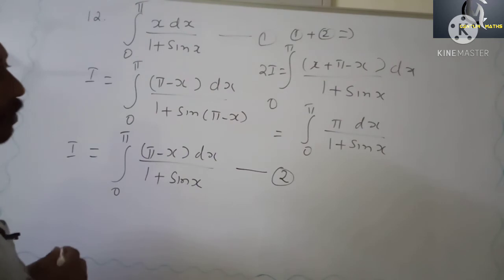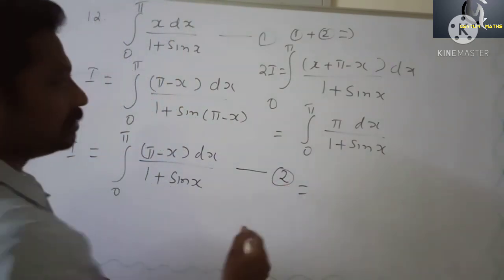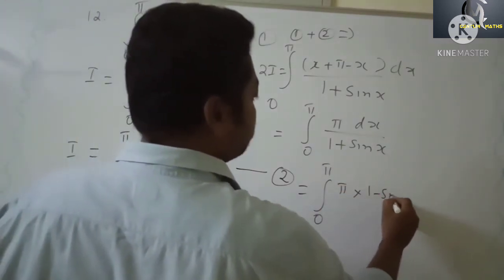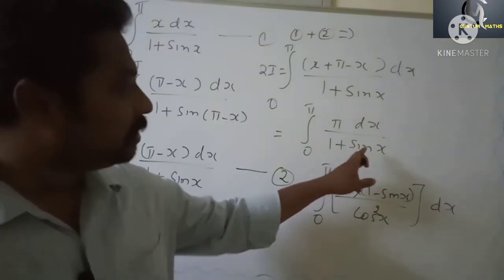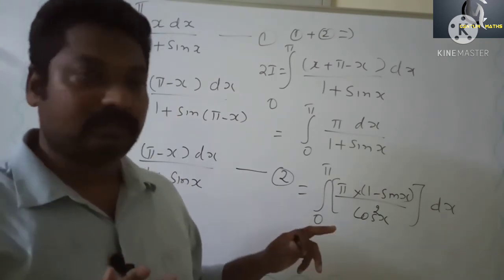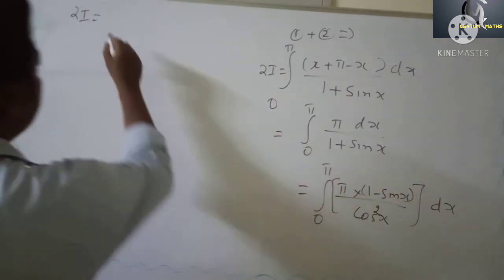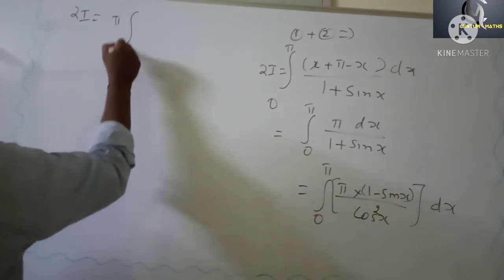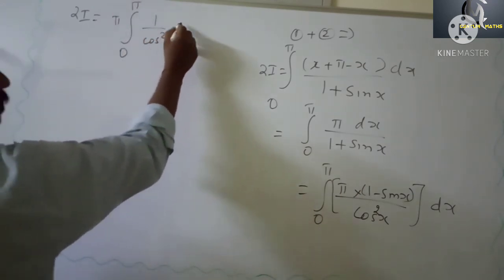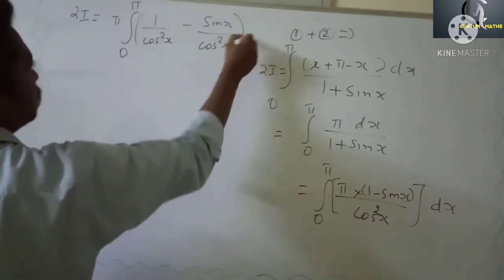So now we are going to multiply with the conjugate. Okay, what is the conjugate of 1 plus sin x? 1 minus sin x. So 0 to pi into 1 minus sin x by, 1 plus sin x into 1 minus sin x is 1 minus sin square x. 1 minus sin square is cos square x. Okay, so directly I am writing cos square x. So pi I am keeping outside. 0 to pi 1 by cos square x minus sin x by cos square x dx.